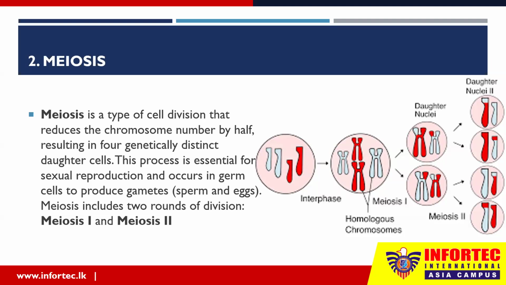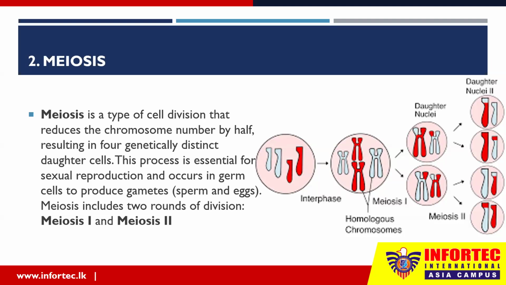Okay, another process by which cell division takes place is meiosis. Mitosis, the previous one that we discussed, happens in all the cells in the body. But meiosis happens only in specific cells in the body. We call them gametes. What are those gametes?